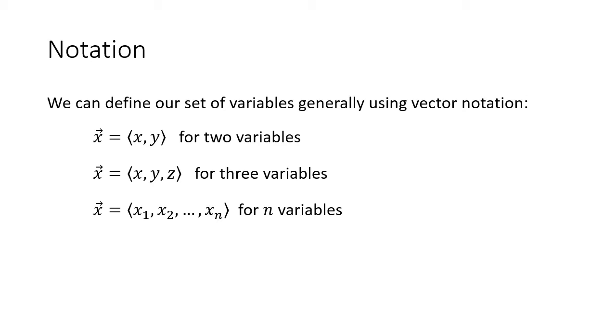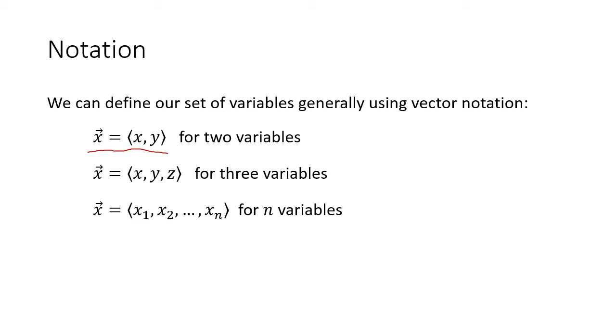Now, a quick word about notation. Like I said, we can extend the gradient to as many variables as we want. Again, typically we're going to stick to either 2 variables or 3 variables. And the idea is that I can use this notation where I represent my variables as a vector itself. So my x vector is the vector composed of each of my variables.